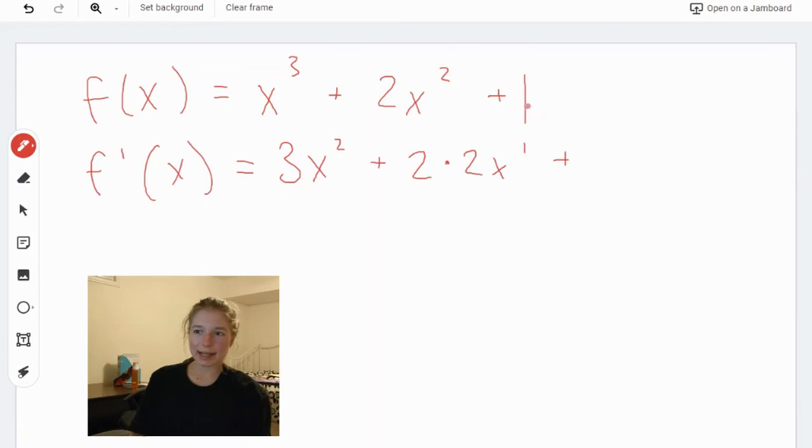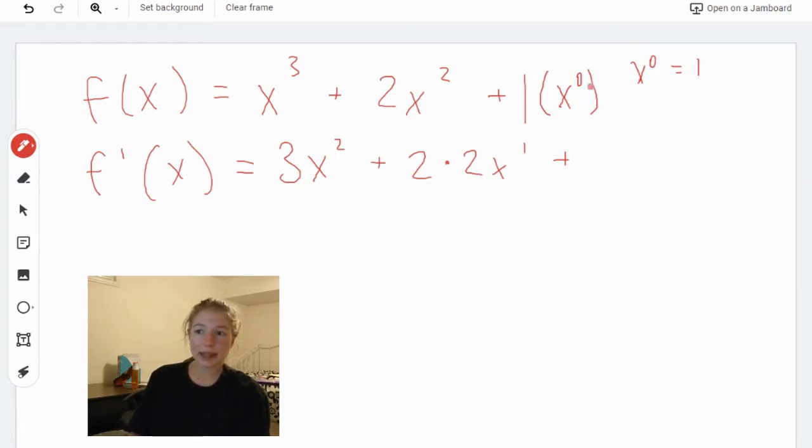We can't see any x that's attached to it, but we know that x to the power of 0 is equal to 1. So any constant is the same as that same constant multiplied by an invisible x to the power of 0, because that would be just like saying 1 times 1 is 1, which we know is true.